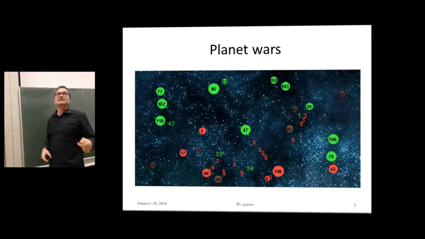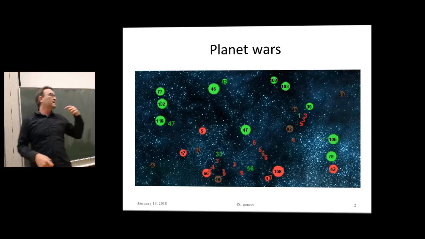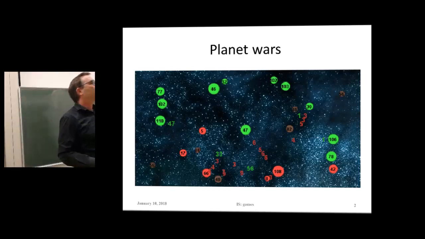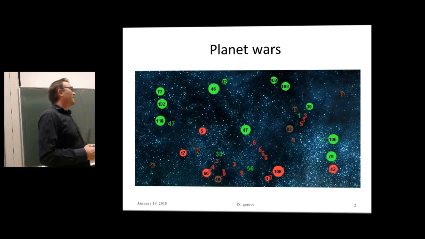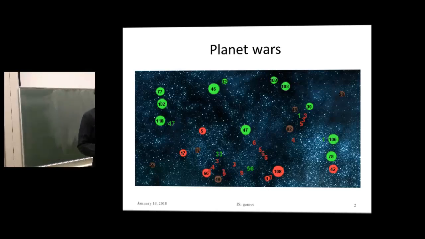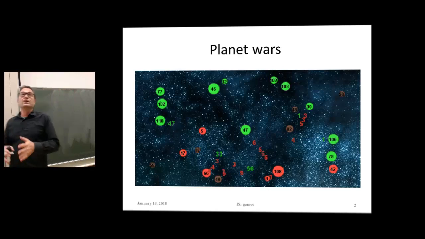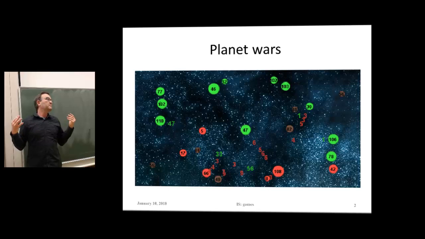Before I go on with this, I want to make a brief comment about ships and fleets and planets that you might come across in some of the documents, if we made a mistake. Last year, we didn't use Schnapsen as our practical game, but we used Planet Wars, which was a Google challenge some years ago.